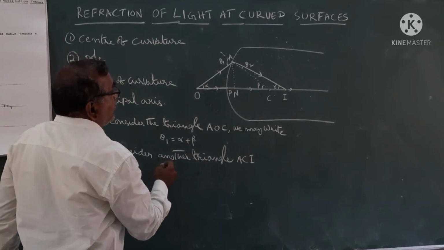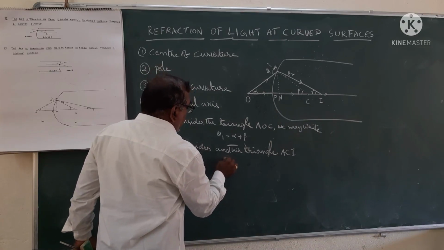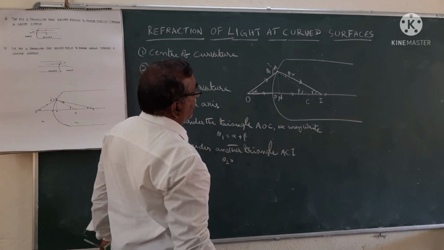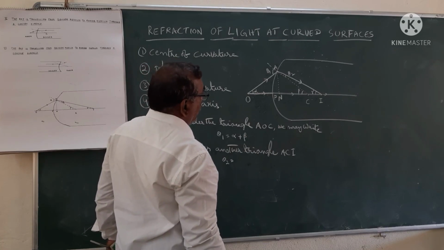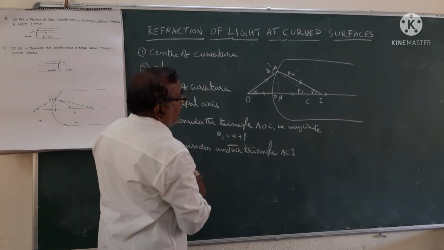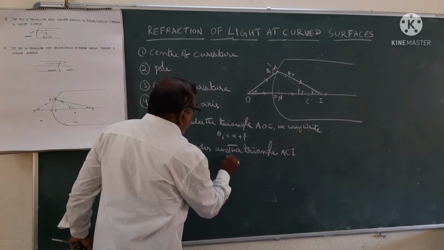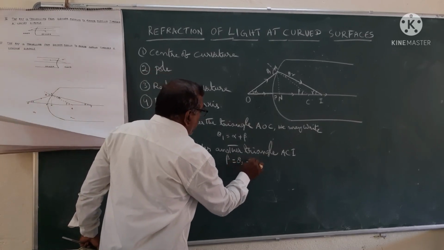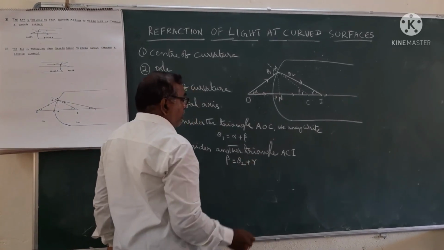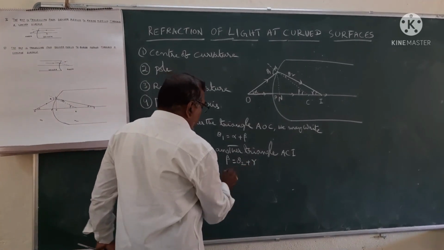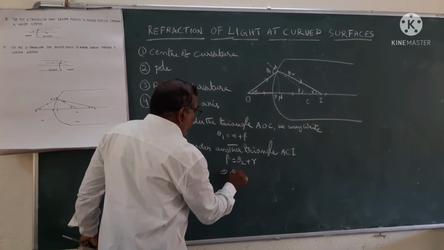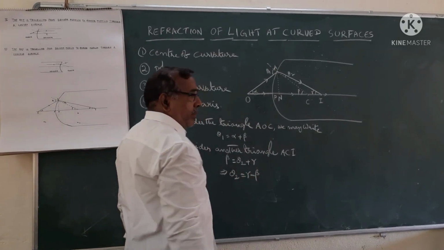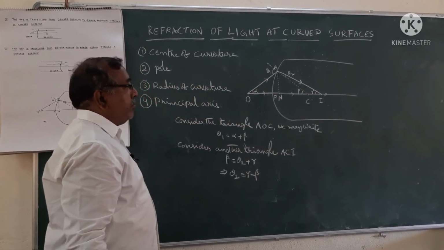We may write theta 2 is equal to beta; beta equal to theta 2 plus gamma, which implies theta 2 equal to gamma minus beta.